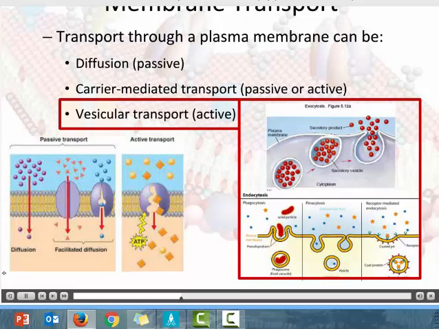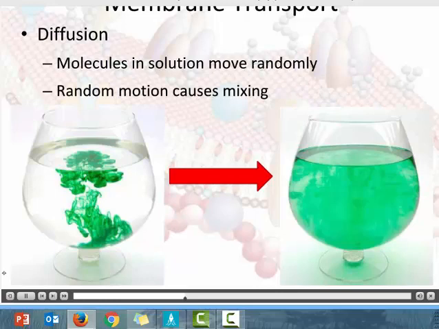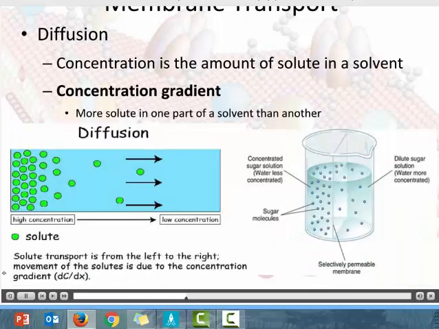Before we talk about the details of each of these types of transport, we need to remember that all molecules are constantly in motion. This motion causes random mixing of our solutes inside of our solvent. We also need to remember concentration gradients. The concentration of a solute is the amount of solute in a solvent.